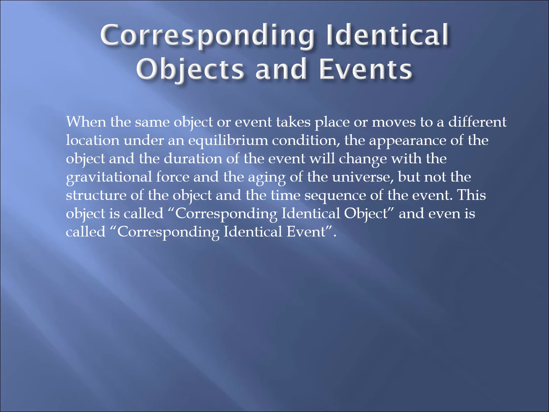Corresponding identical event, on the other hand, is like a motion picture, where each picture runs at a corresponding identical unit time. The amount of the picture frames is the same, but the duration of each picture frame and the total playing time could be different, subject to the gravitational force and the aging of the universe.